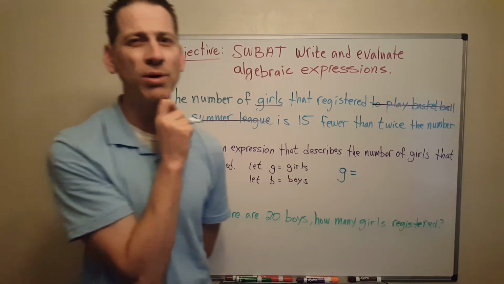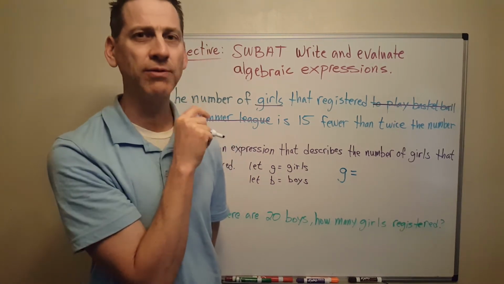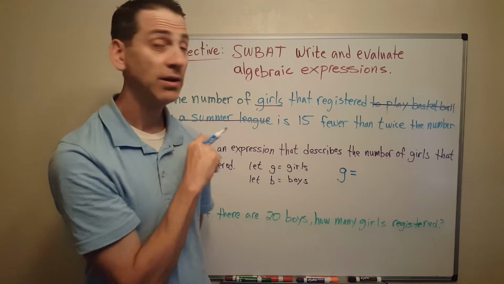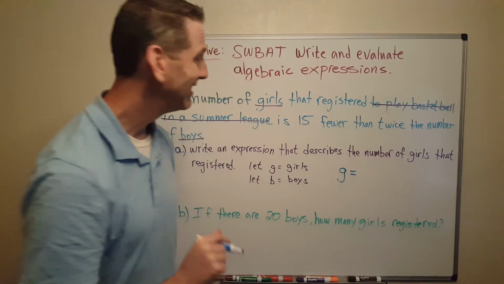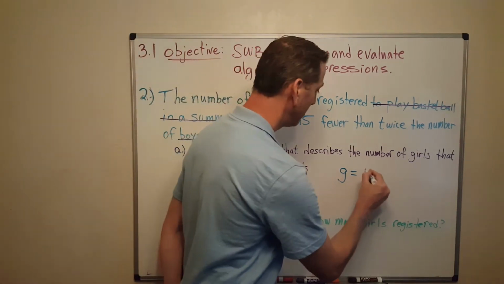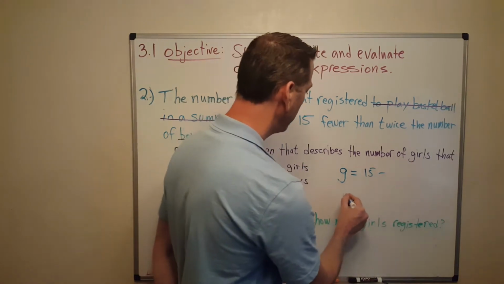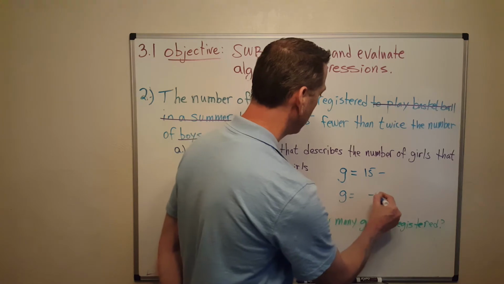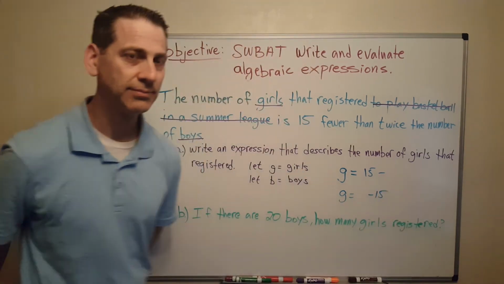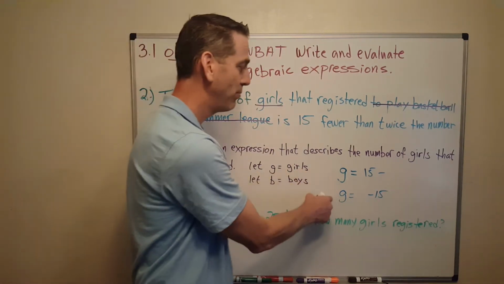Okay, what does fewer mean? Add, subtract, multiply, or divide? You got it, subtraction. Now, is it like this? Like that? Or is it like that? Is it A or B?